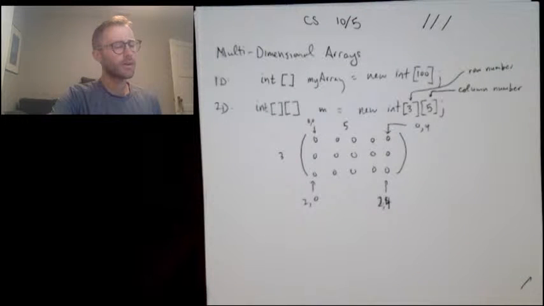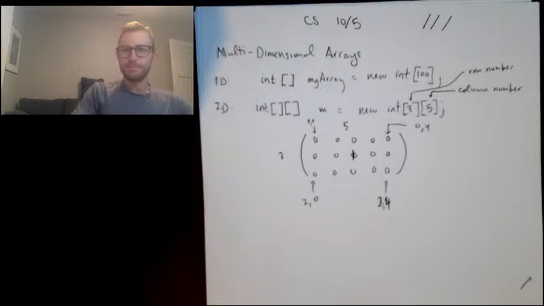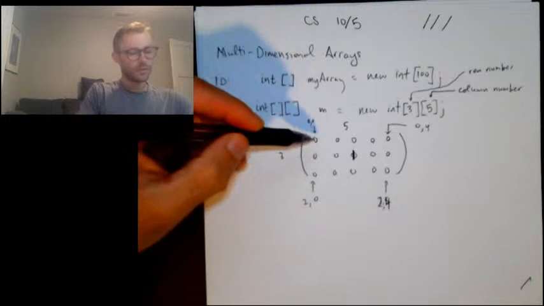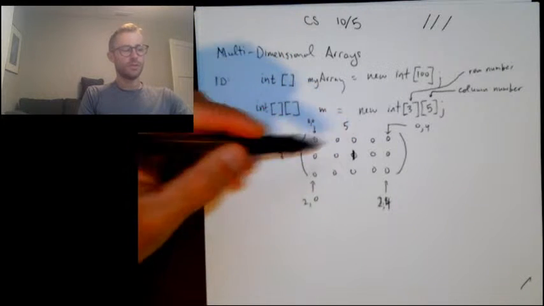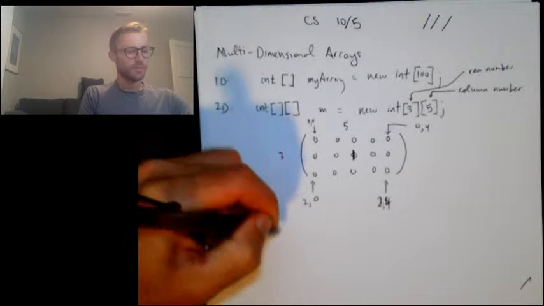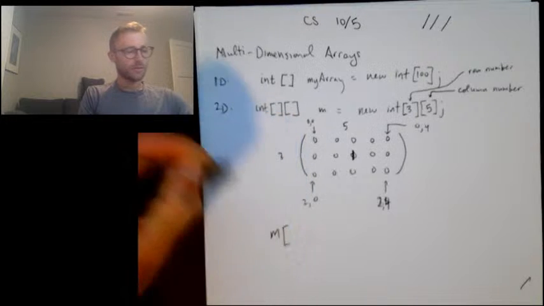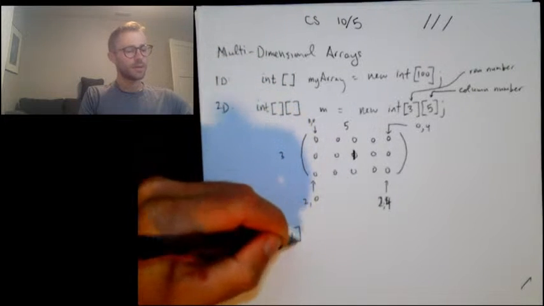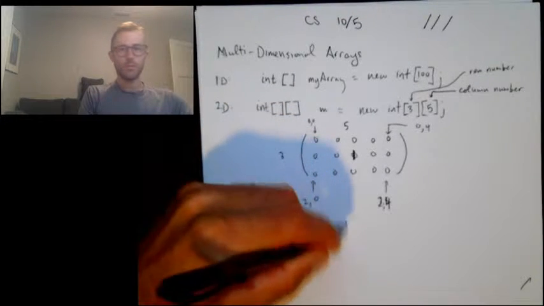Okay, so what if I made this 1? This equal to 1. Then this is column number 0, 1, 2, and row number 0, 1. So basically that means that m of 1, 2 equals 1.